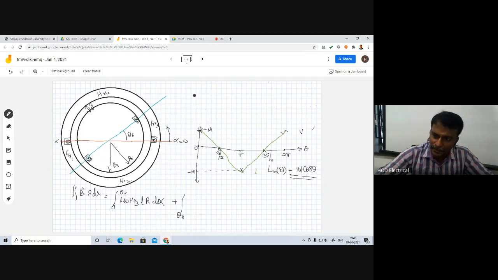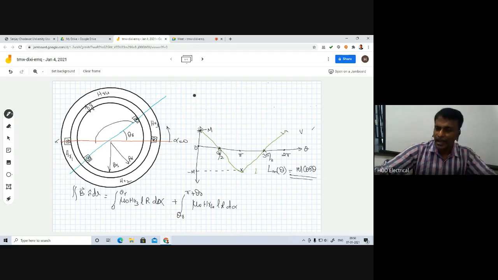So we have already derived this from 0 to theta. Then what do I have to write? Theta to pi. We have already written this equation, then theta to pi, so theta r to pi plus theta r. What is the magnetic field intensity in this region? HR4. So we can write mu naught HR4 LR into d alpha, and we derived all those equations.